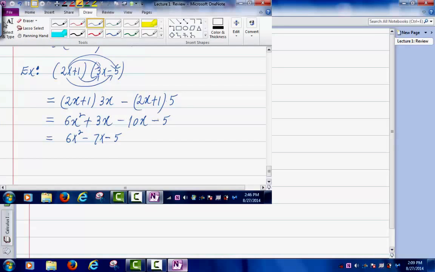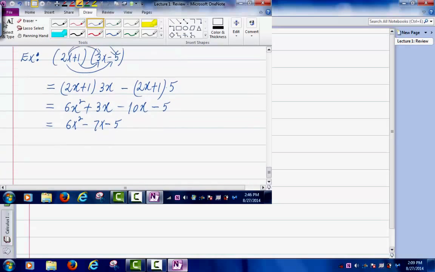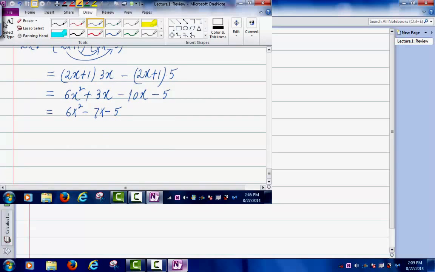Okay. Everybody's okay? So you used what you called FOIL to multiply them. So that's what we did. Okay, so that's how the distributive law works.